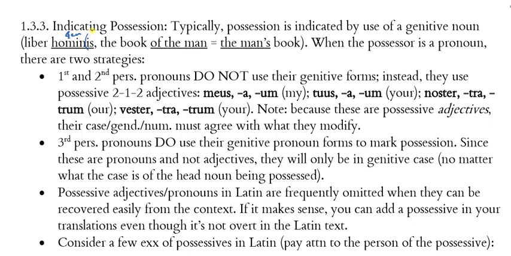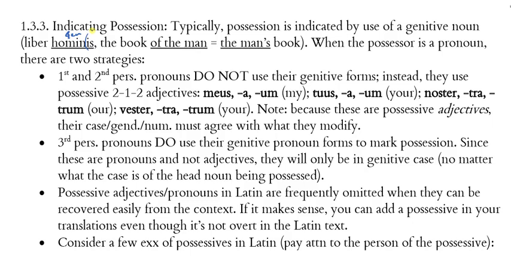Now, you have to note this: because they are possessive adjectives, their case, gender, and number must agree with what they modify. These adjectives will all have a gender, a case, and a number. So whatever they're modifying, my book, book will have a case, gender, and number. The word meus has to match it. Your mare. Your will have to match mare's case, gender, and number.